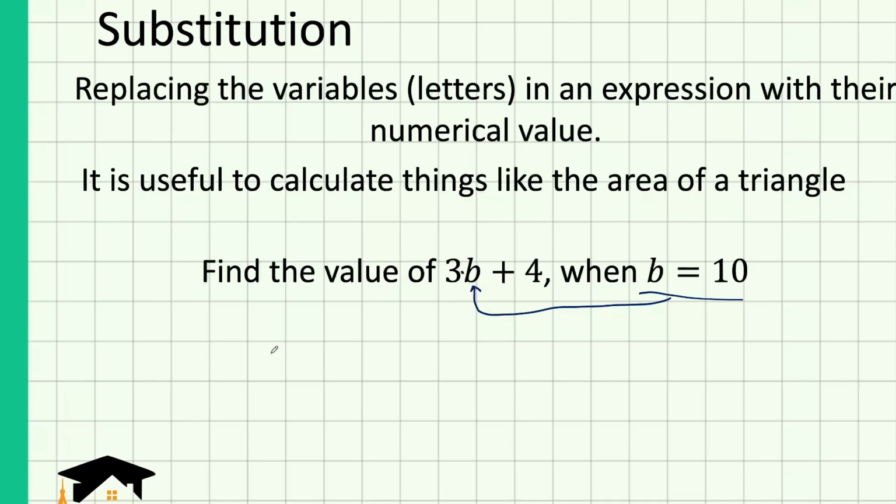And so this will be 3 times 10 plus 4. 3 times 10 is 30. And 30 plus 4 is 34. So the value of 3b plus 4 when b is 10 is 34.